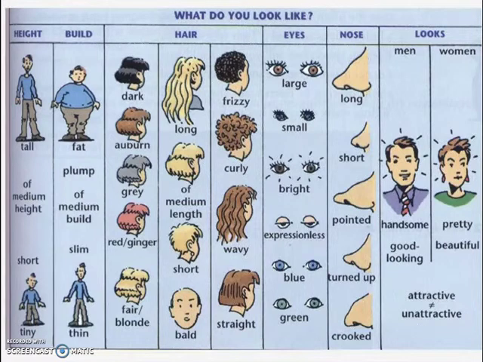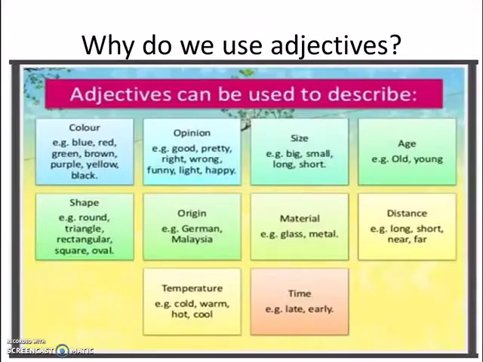Here are some examples about adjectives, and of course you should use them in your descriptive writing. They talk about the height, the build, the hair, the eyes, the nose, and looks. Why do we use adjectives?